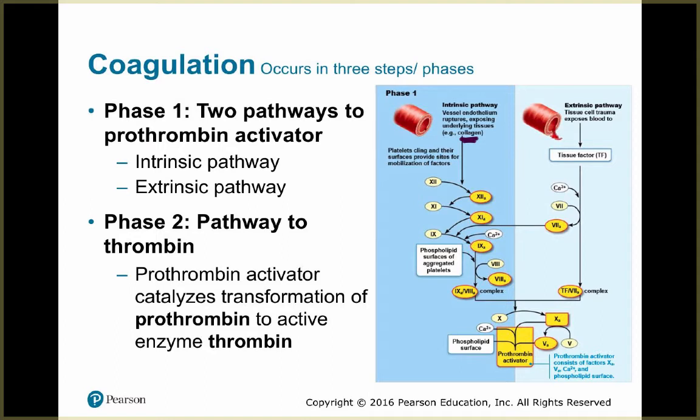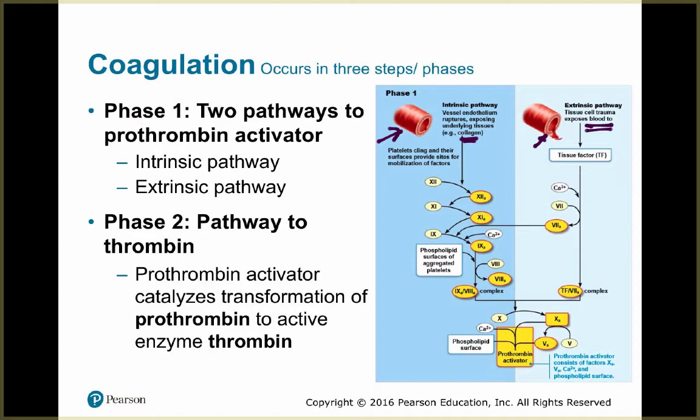In the extrinsic pathway, it's opening all the way up. The tissue cell trauma exposes blood to the outside of the vessel, whereas with the intrinsic pathway, it never exposes the blood outside of the vessel, right?